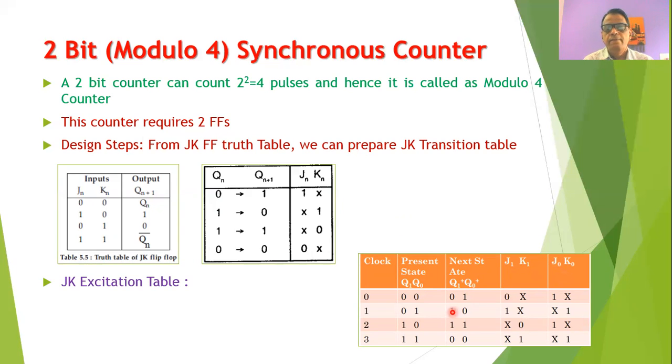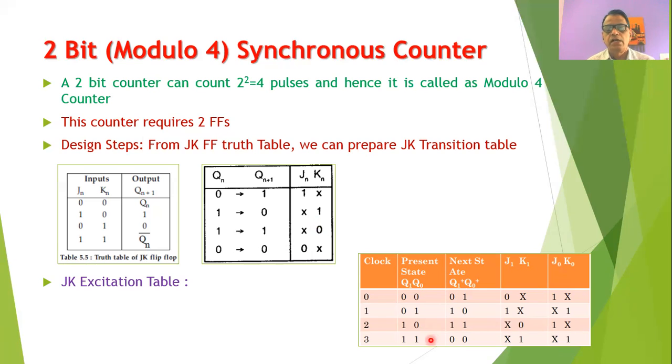Now similarly, when the first clock pulse is applied, the present state will be 0, 1, the next state will be 1, 0. When you check the transition table, there is a transition of 0 to 1, therefore I will write 1x. And there is a transition of 1 to 0, and therefore I will write x1 in the J0, K0 column. When the second clock pulse is applied, the present state will be 1, 0, the next state will be 1, 1. There is a transition of 1 to 1 for Q1, and therefore we will make an entry x0 from this table.